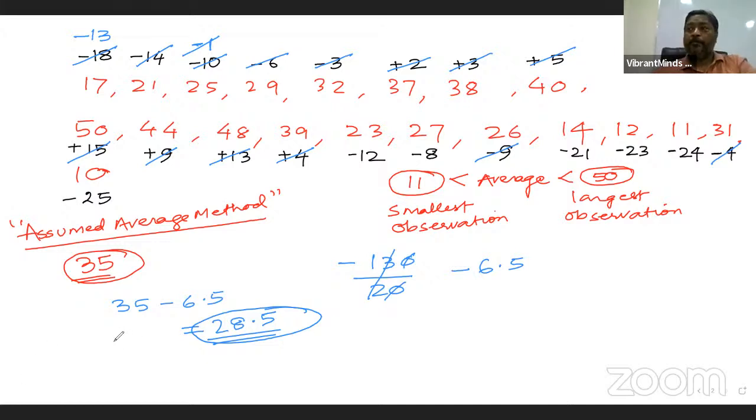Did you get my point? Is it clear, guys? If it is clear, write yes in the chat box. If it is not clear, then you write explain once more.